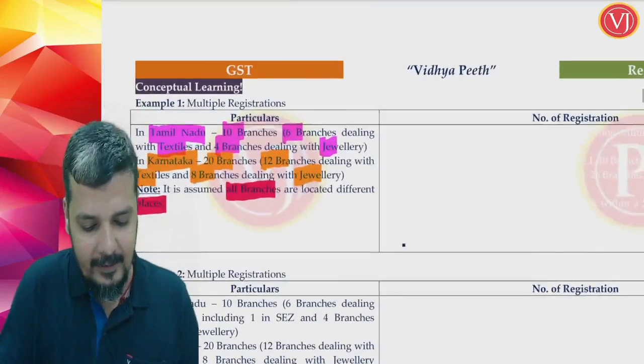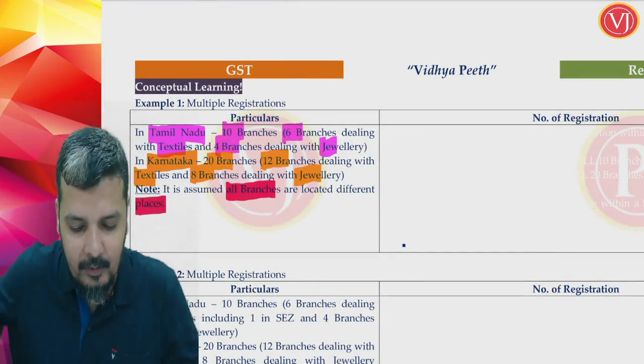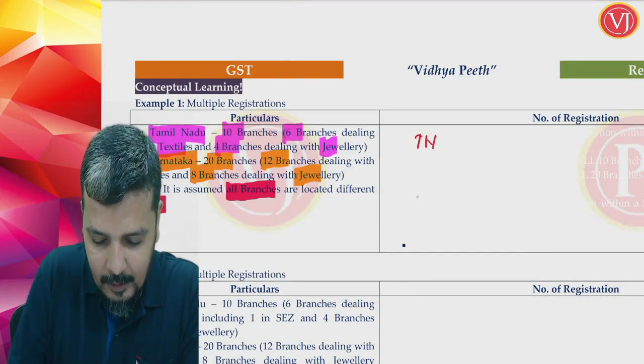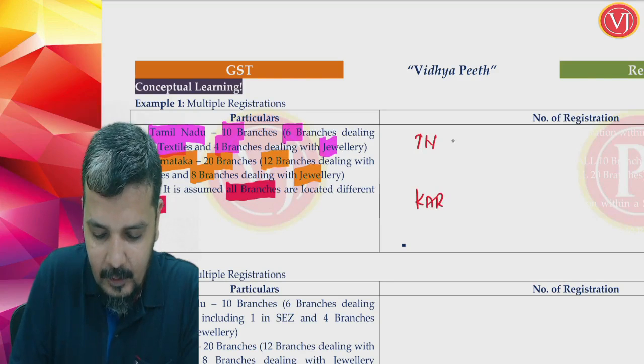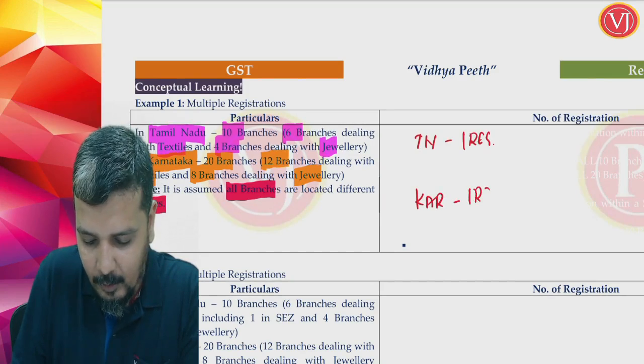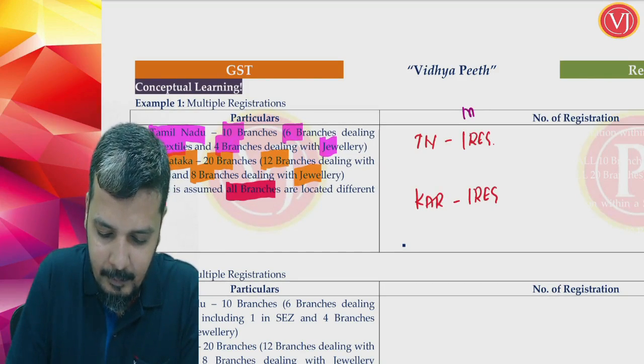Now, please understand that the base concept is one state, one registration. So it is pretty clear that in Tamil Nadu, I need to take one registration. In Karnataka, I need to take one registration. So this is the minimum requirement.